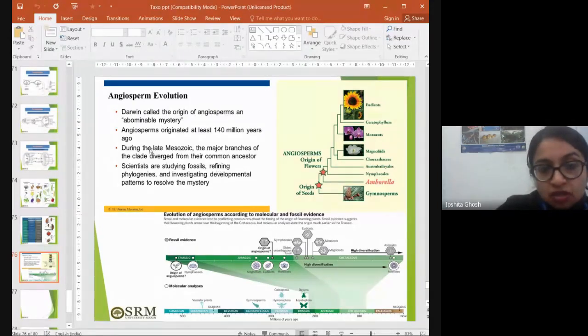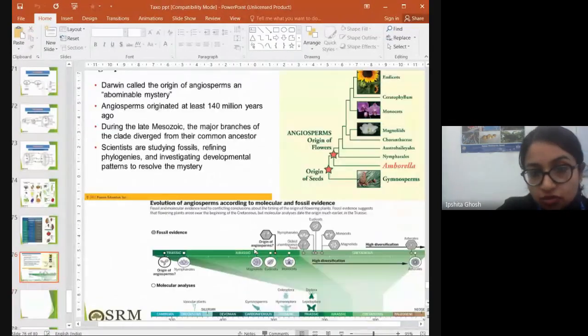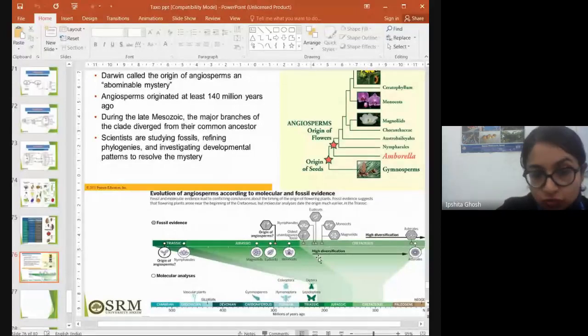Okay. So scientists are still studying the fossils, and they are trying to come up with more concrete evidence on angiosperm evolution. But till date, whatever we have in hand, we can say that they have originated somewhere in the Mesozoic phase.